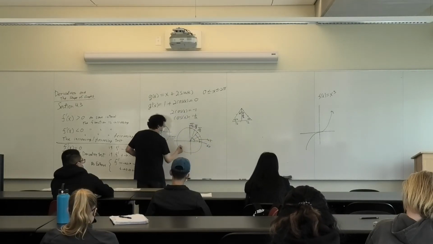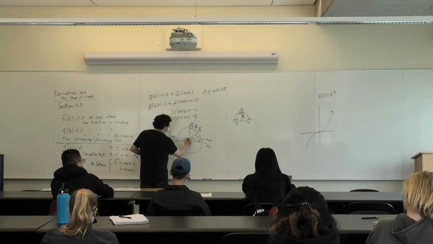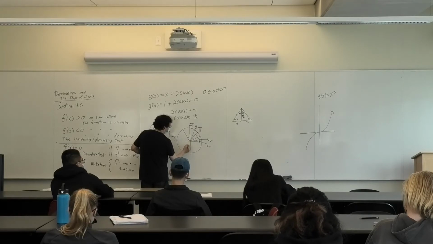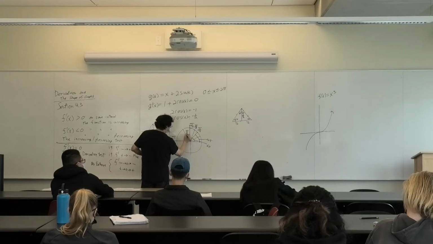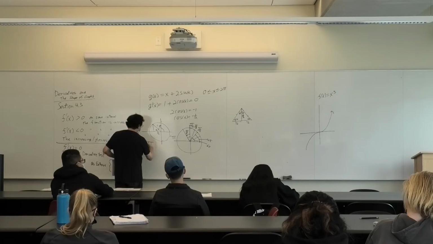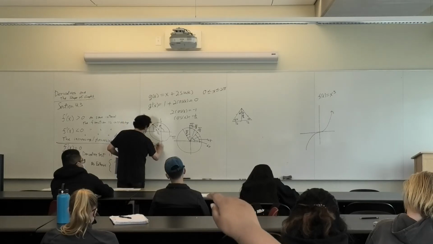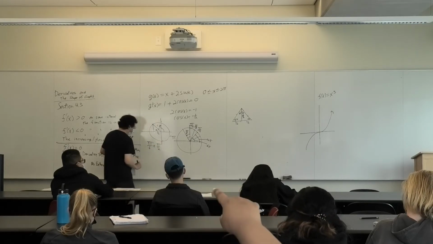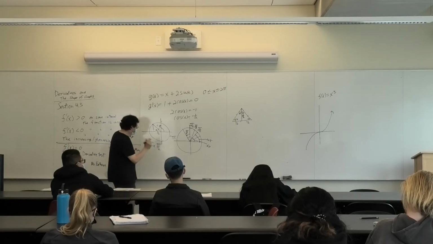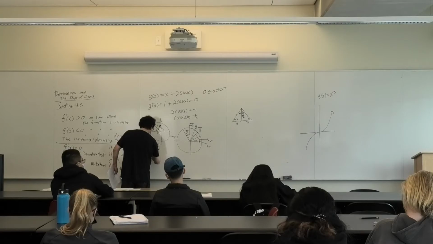Why do you have 5 or 6? That's a 30-degree angle. All right. So if I have a 30-degree angle here, that's pi over 6, right? From here to here. That angle is 2 pi over 3, not pi over 6.